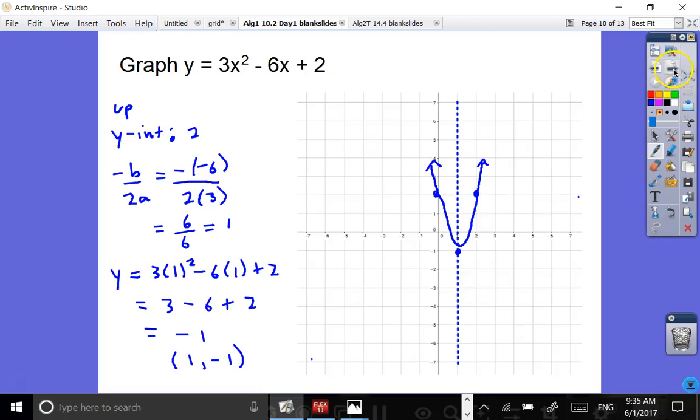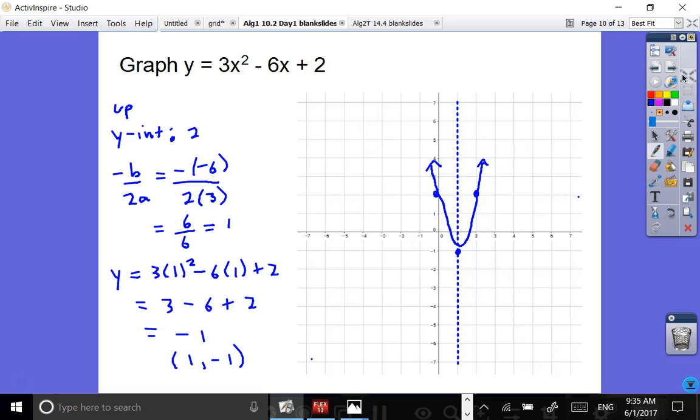Okay, next one. Yeah, Connor. You think of it, let me know. So you're saying, do they have to have a y-intercept other than 0?